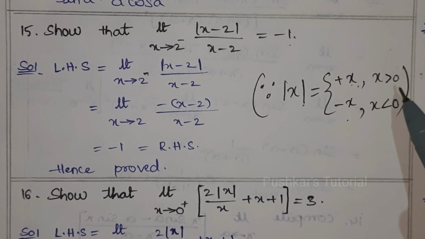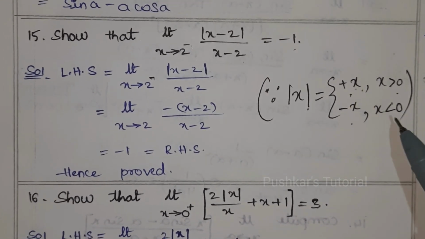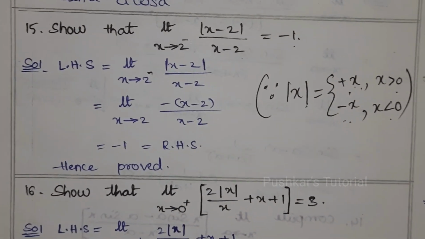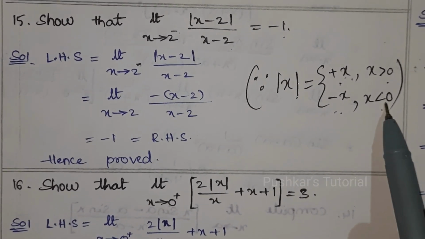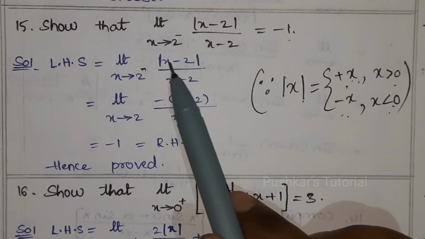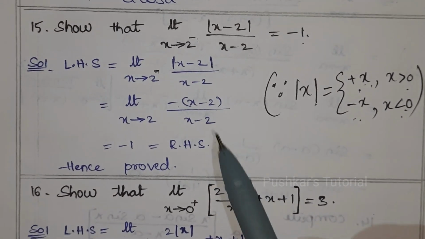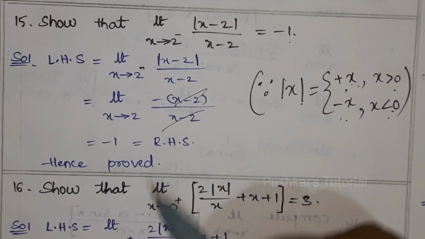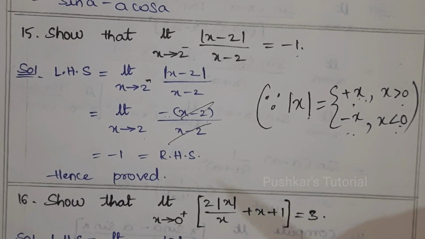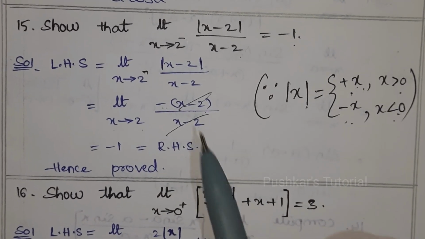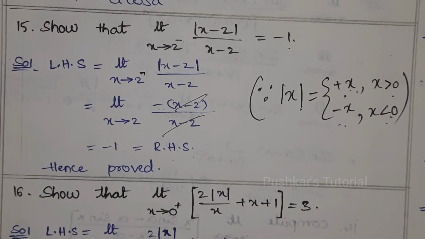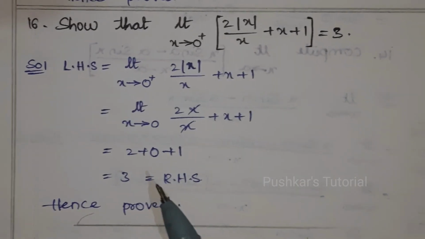When it will be plus, if greater than 0 positive, if it is less than 0 negative. So here 2 minus is given, so it indicates less than 0 only. So by the mod definition, minus of (x minus 2) by (x minus 2). x minus 2 gets cancelled. What is left? Minus 1. Wherever x is there you have to put 2. There is no x, there is no need to substitute. The answer is minus 1. That is the RHS. Hence proved.